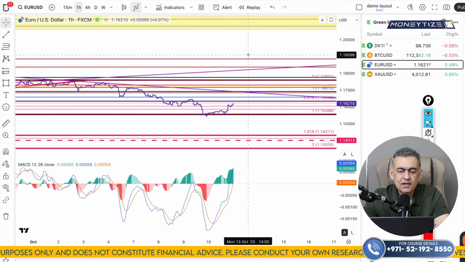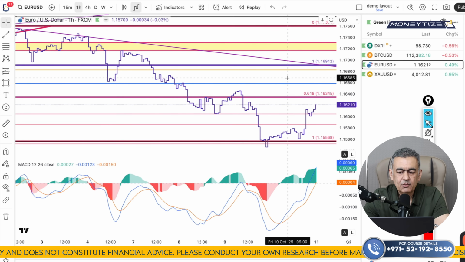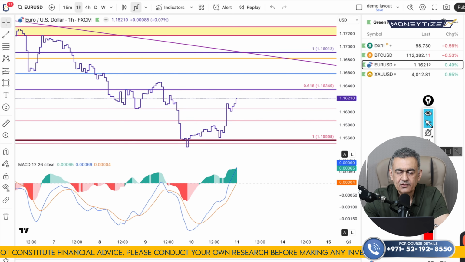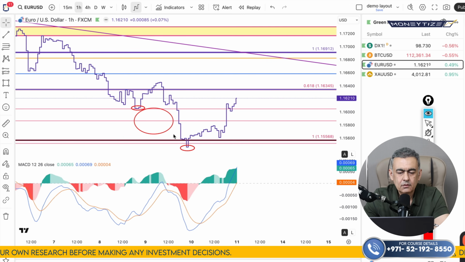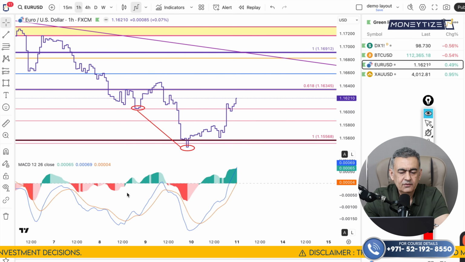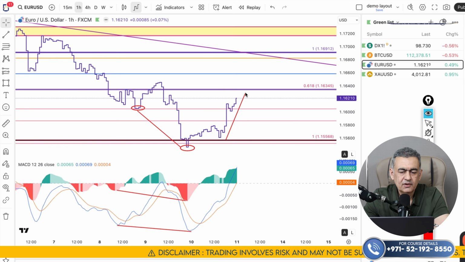Now moving down to 1 hourly, and on the 1 hourly basis, I can see here that it is still under lower low formation. So this is the previous low and this is the new low, and I could see here lower lows. I could see here lower lows on price, lower lows on histogram, and lower low on MACD lines, which means the current bounce is to be taken as short-lived and then continuation lower.